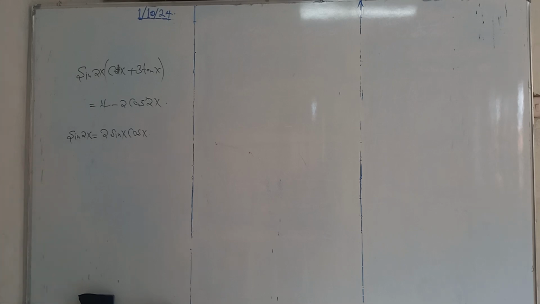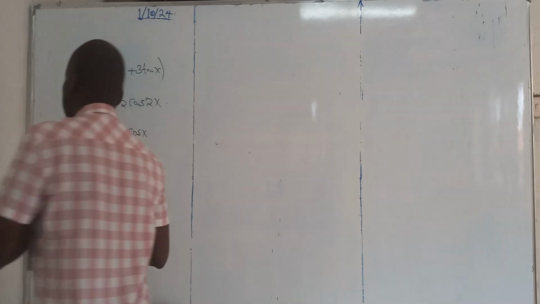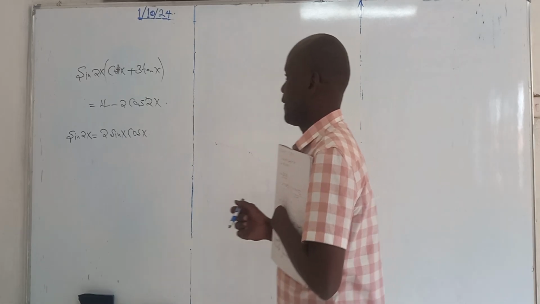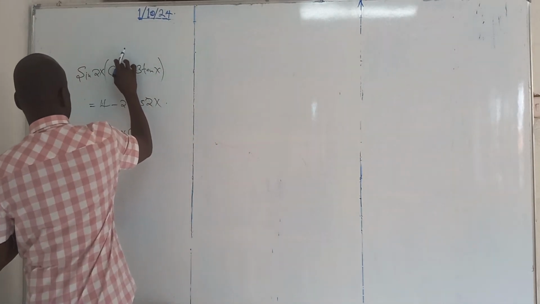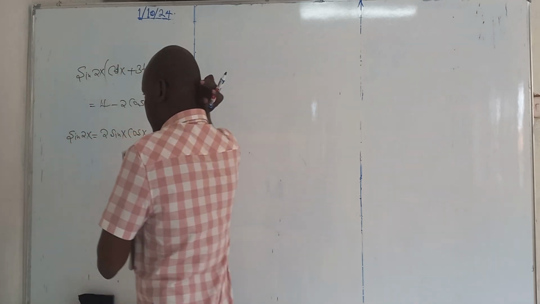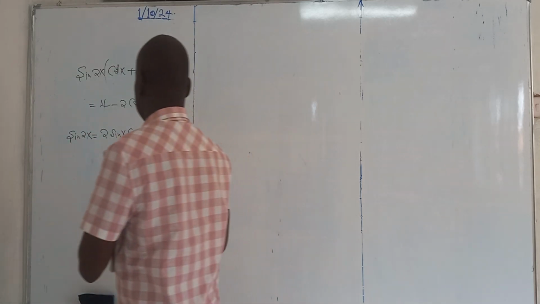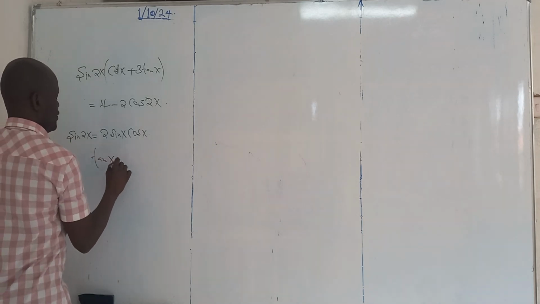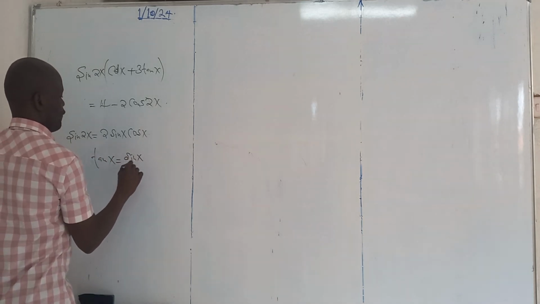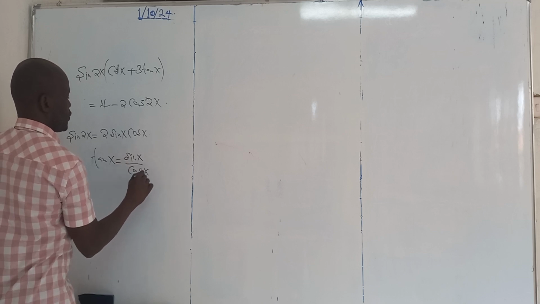Then tan of x is equal to sin of x over cos of x.